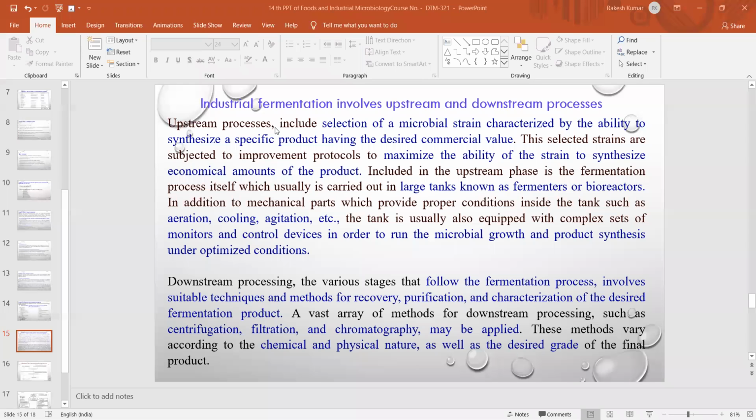These are all considered downstream processing. A vast array of methods is used for downstream processing, such as centrifugation, filtration, and chromatography techniques for purifying, and all of it comes under downstream processing. These methods vary according to the chemical and physical nature as well as the desired grade of the final product.